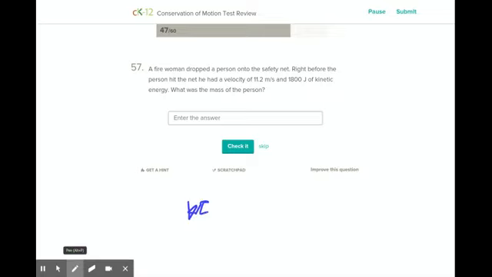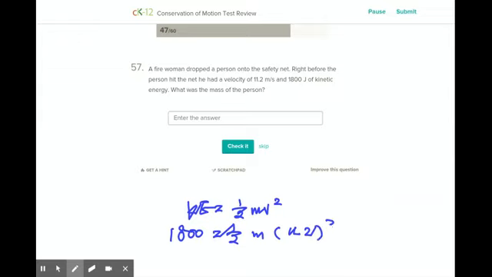Kinetic energy is equal to half mv squared. Kinetic energy is 1800, the mass is what we're looking for, and the velocity is 11.2 squared. You just have to do the math. All right. Next.